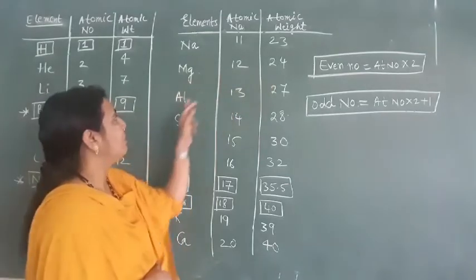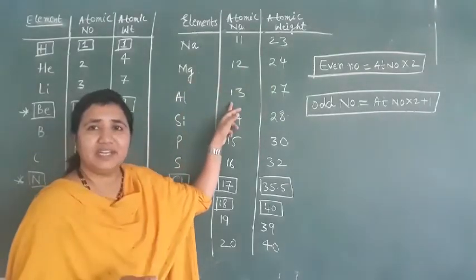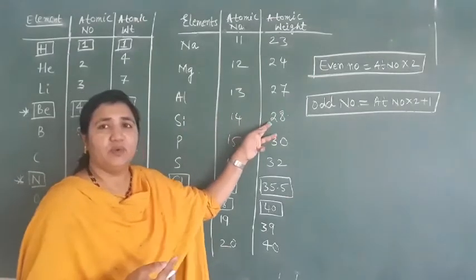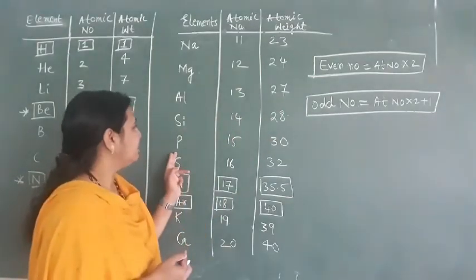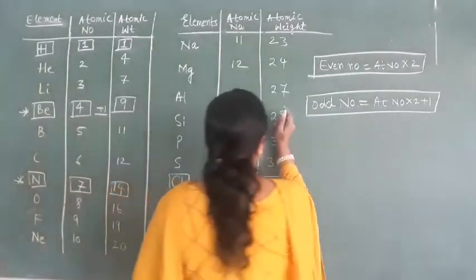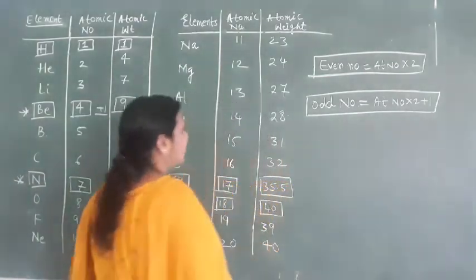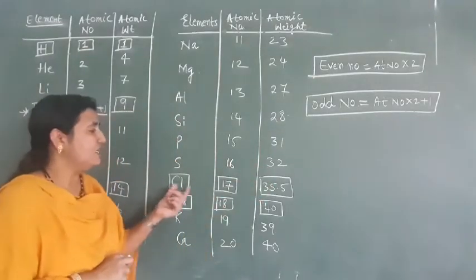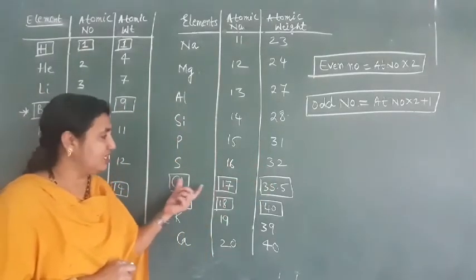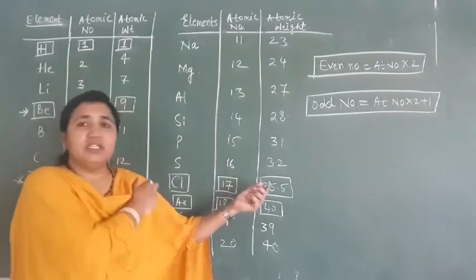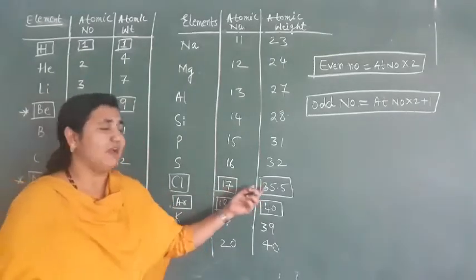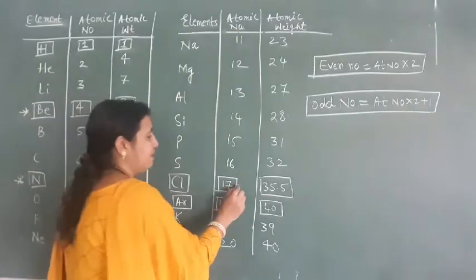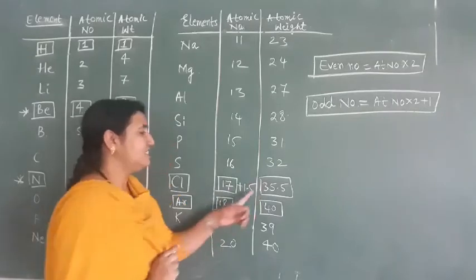Magnesium 12, 24. Aluminum 13, 13 2s are 26 plus 1, 27. Silicon 14, 28, an even number. Phosphorus 15, 15 2s are 30, plus 1, 31. Sulfur 16, 32. Chlorine 17 is an exception case: its atomic weight is 35.5. 17 2s are 34, plus 1.5, it is 35.5.